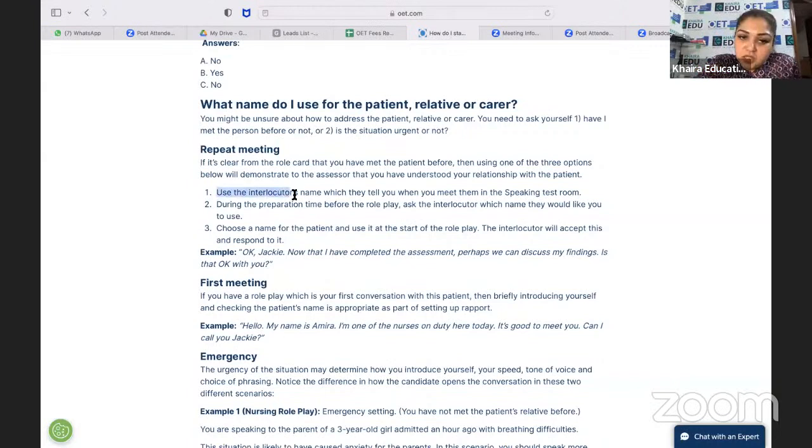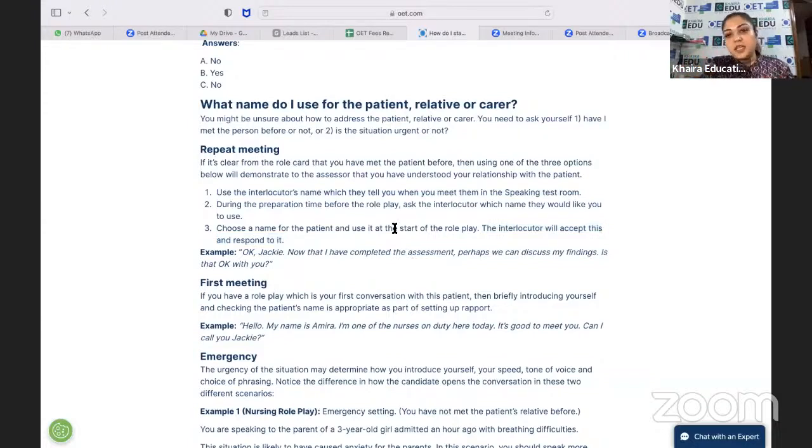Either you can use the interlocutor's name, which they will tell you when you meet them in the speaking test room, or during the preparation time, you can ask the interlocutor what name they would like you to use, or you can choose a name for the patient and use it at the start of the role play. The interlocutor will accept this and respond to it. So you have 3 choices.